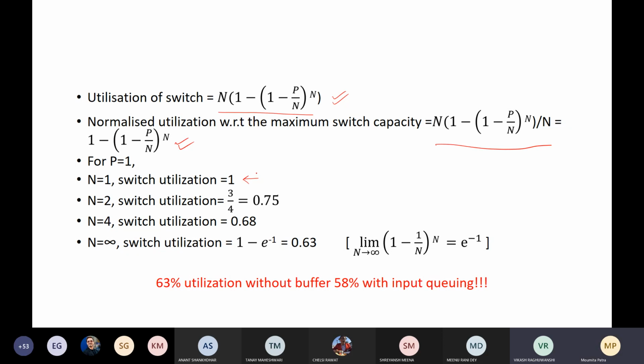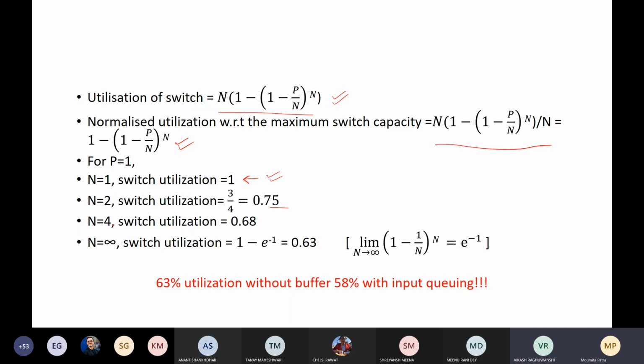If you disagree with it, you can ask me. Now let's see for different N's how much we get. For N equals 2, your switch utilization will become 1 minus (1 half) power 2, so that gives you this value.